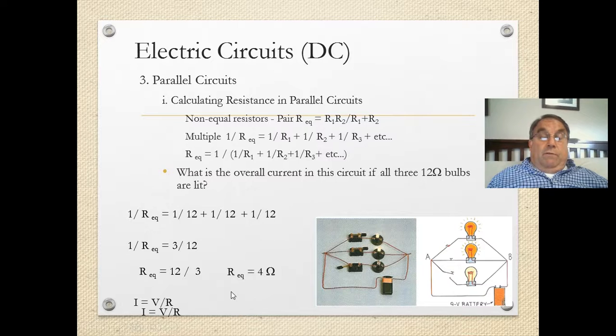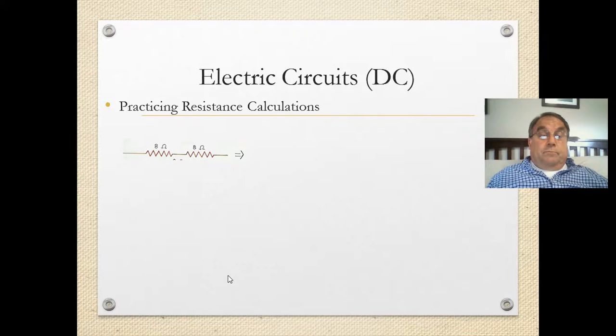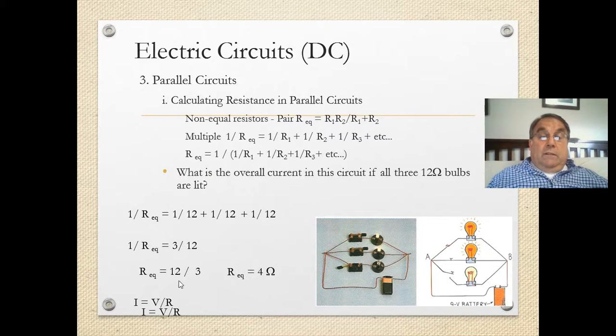And then if we want to find the current, I forgot to finish, the current would be V over R, which is 9 volts over 4. So what's that? A little over 2 amps, which is significantly more than a single bulb.